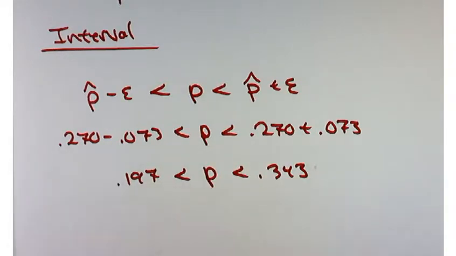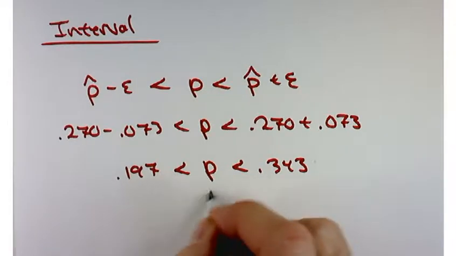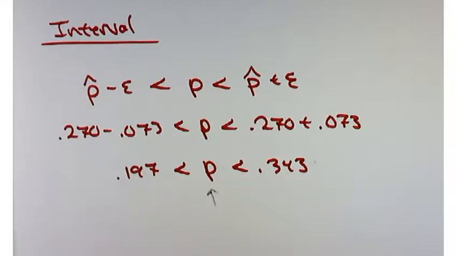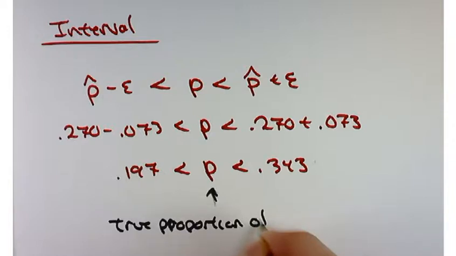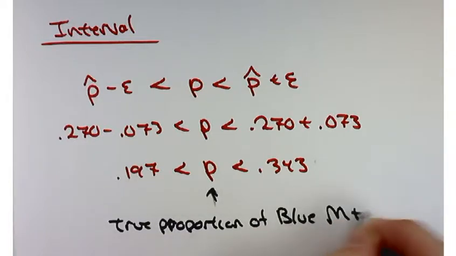Notice that in between these two things, I've got p, not p hat. That's because p represents the true proportion of blue M&Ms.